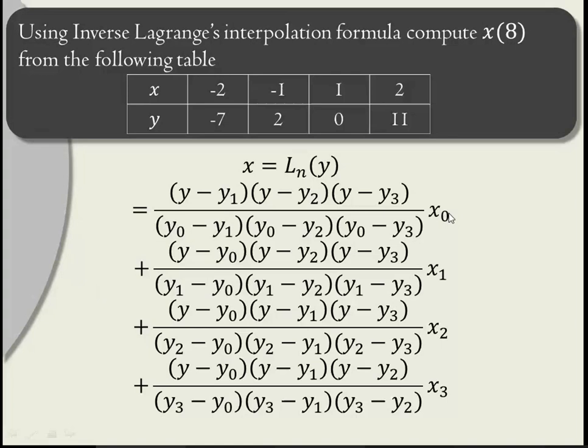Now from the table, write down what values are given to us. x0 is -2, x1 is -1, x2 is 1, x3 is 2, and the values of y are y0 is -7, y1 is 2, y2 is 0, and y3 is 11. So put those values into it.